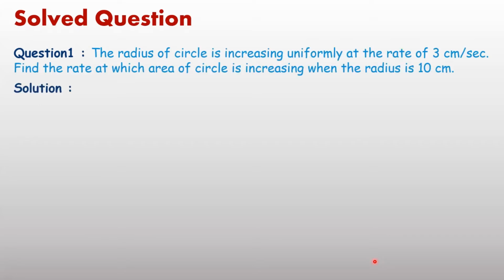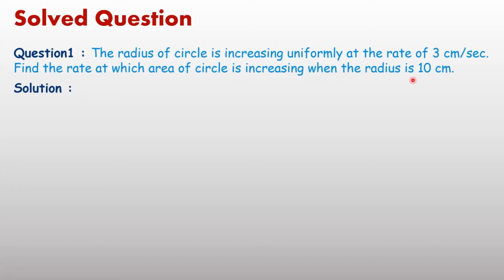Now, some questions. First, the radius of a circle is increasing uniformly at the rate of 3 cm per second. It implies in 1 second, the radius of the circle will increase from x to x plus 3. We have to find the rate at which the area of the circle is increasing when the radius is 10 cm.